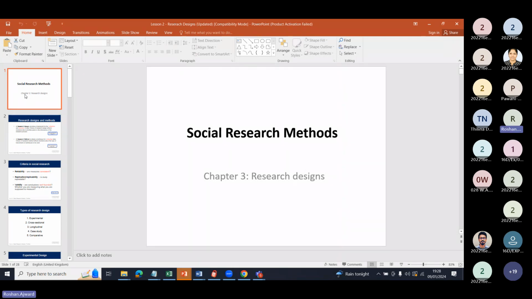First we'll define what a research design is, and afterwards we'll understand that there are 5 types of research designs. We'll see what those 5 are.